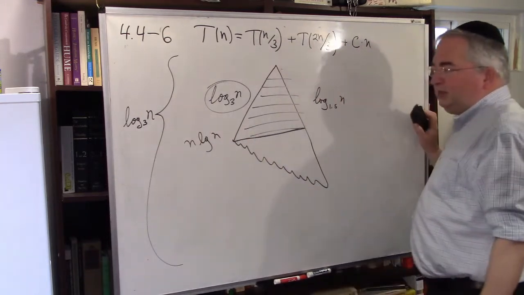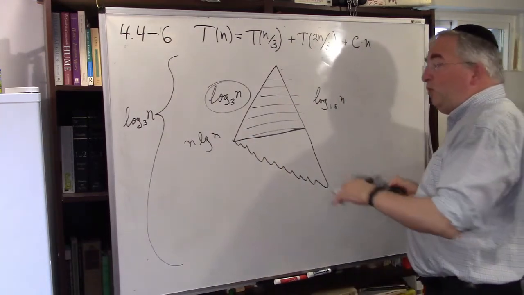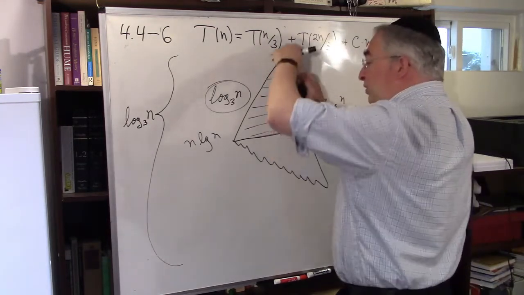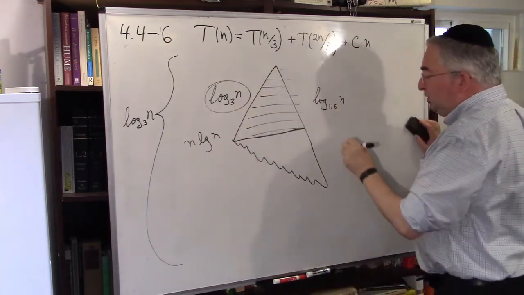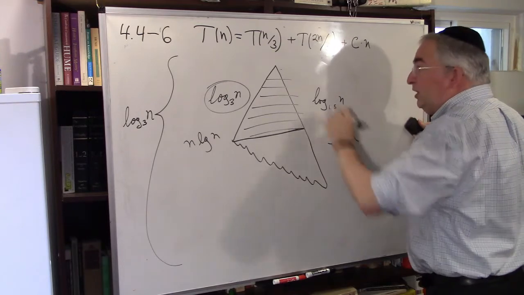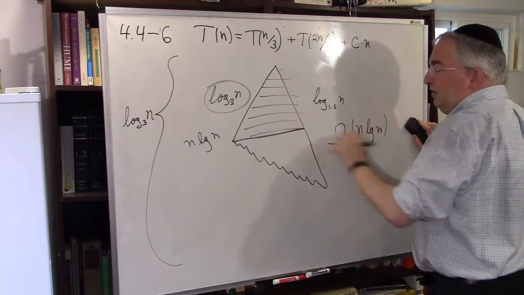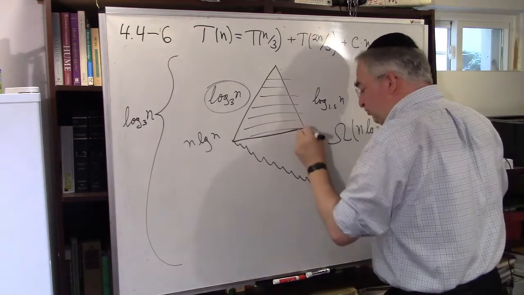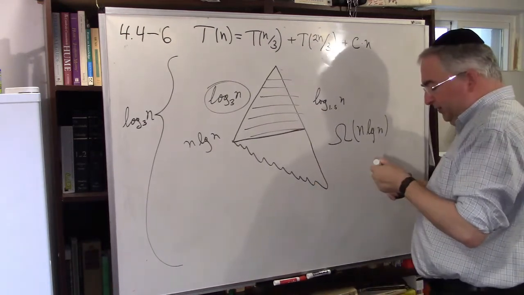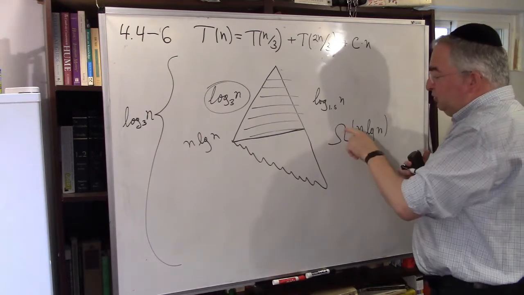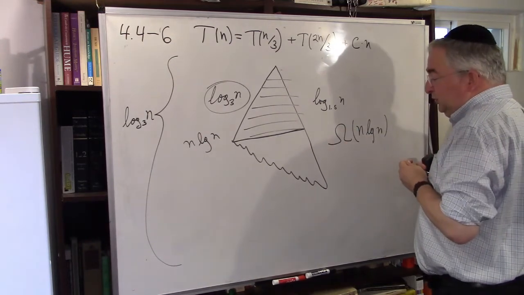That's very nice, okay? But they don't want to know just this part of the tree, they want the whole tree. So what they want you to do is say, oh look, this whole tree is bigger than n log n, because you have this extra stuff there. Okay, so this means it grows larger than or equal to n log n.